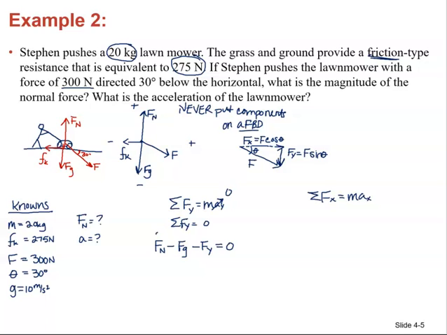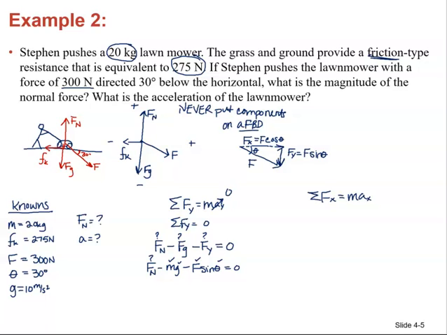Now we know that we're looking for the normal force. The weight force is not a known. The y component is not one of our knowns. So we need to substitute some of our specific equations. So we know that the weight force is mg, and the y component of our force is equal to F sine theta. Well, we're looking for the normal force. We know mass, we know acceleration due to gravity, we know the pushing force, we know theta.